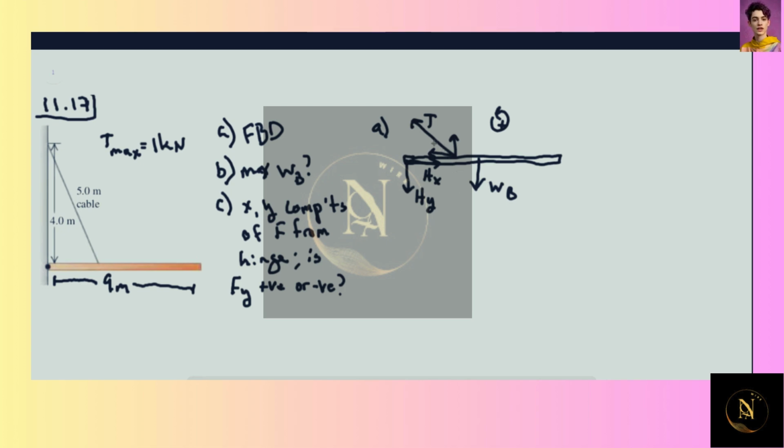And another thing we should do before we go too much further is figure out actually, what is the distance between the hinge and where the cable attaches, which we can call L. And so this is fairly straightforward, because we know that L squared plus 16 meters squared is equal to 25 meters squared. 25 minus 16 is 9, and so L is 3 meters.